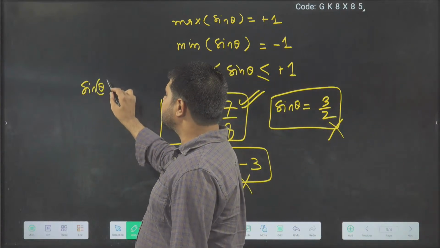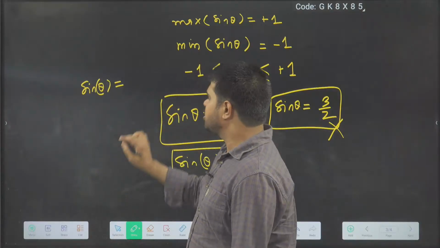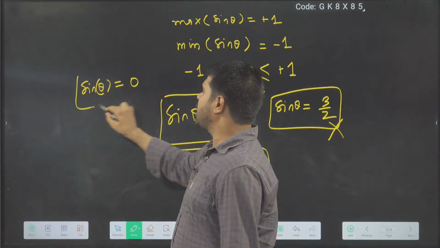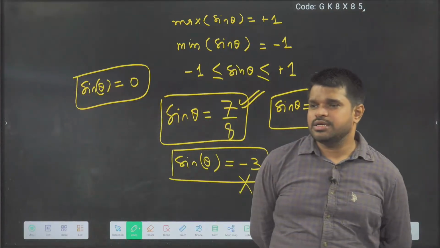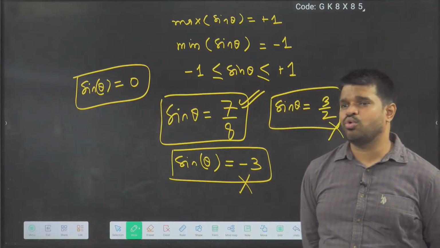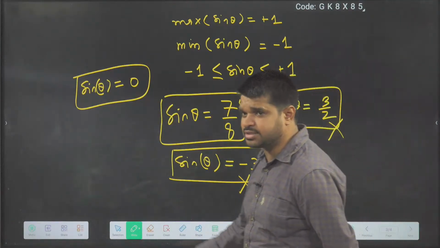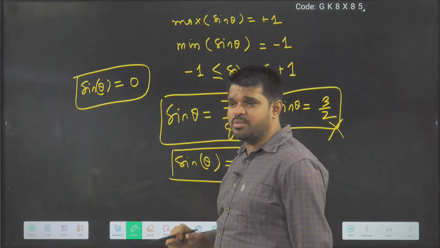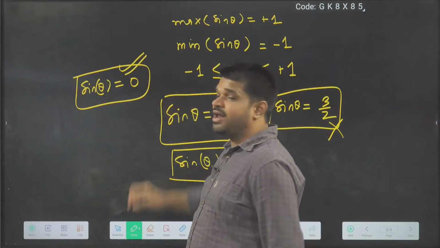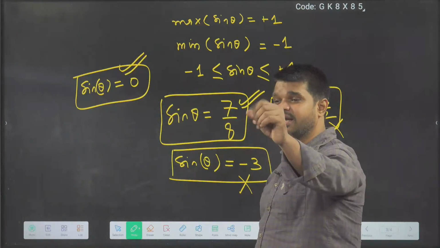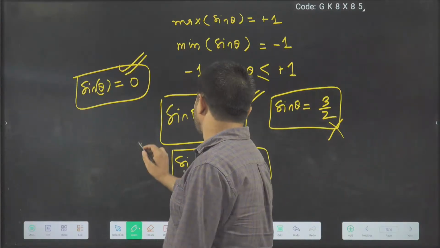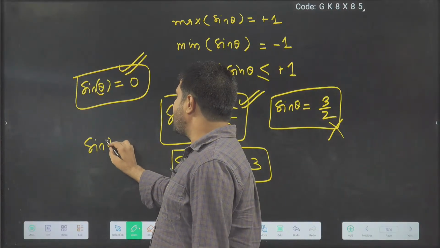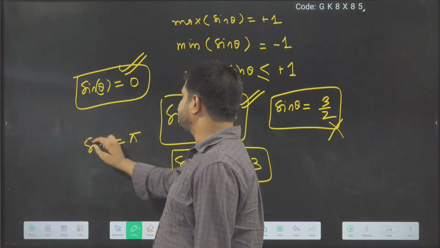Sine theta equals 0. Correct or incorrect? Possible or not possible? Yes. Sine can be 0. 0 is lying between minus 1 and plus 1. Correct. Let's see who gives the last answer correct. Sine theta equals pi.